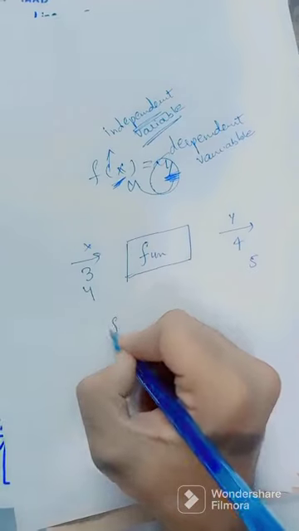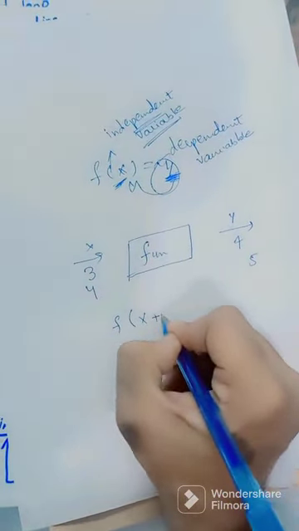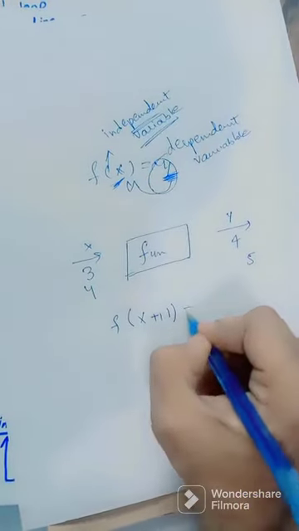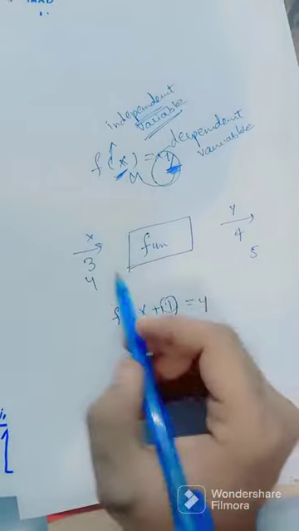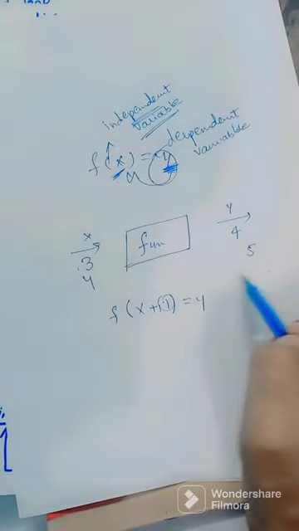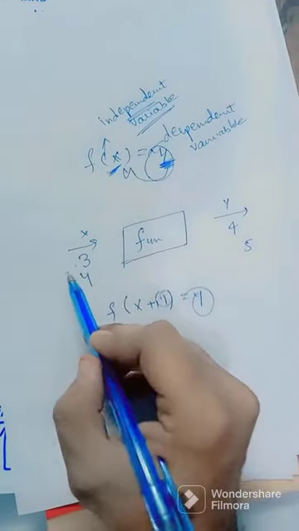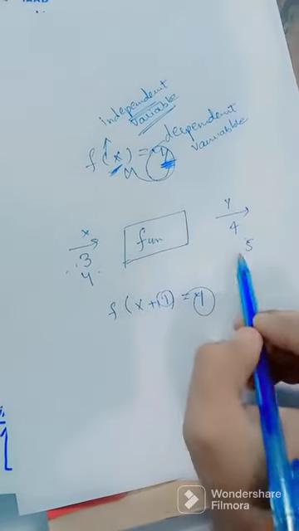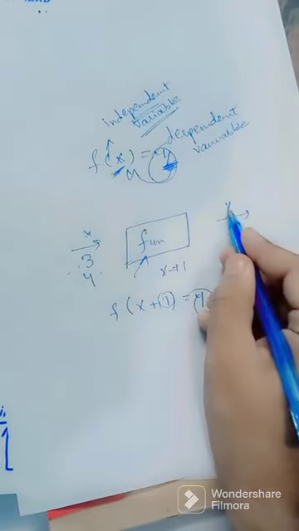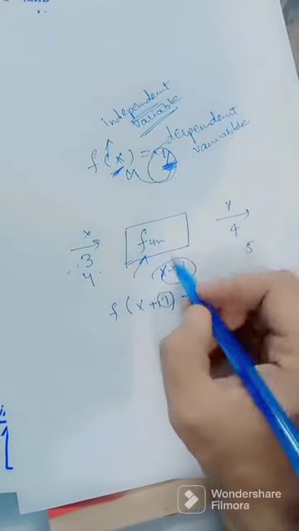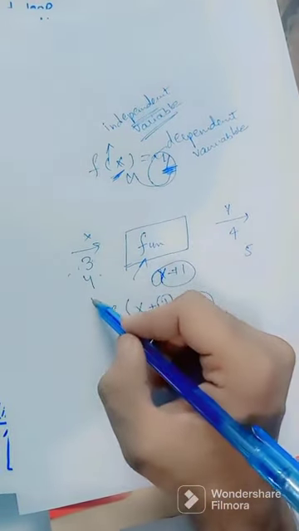It is f of x equals x plus 1 equals y. That means adding 1 to every number gives the value of y. So 3 plus 1 equals 4, and 4 plus 1 equals 5. So we have the function x plus 1. The value of y depends upon that function and on that independent variable. So 3 and 4 are values of x.